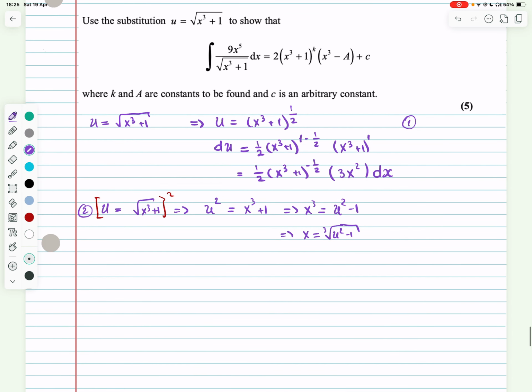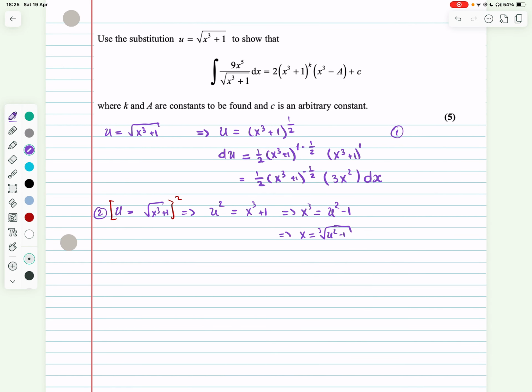Then I'm going to put all of this in instead of x and dx.